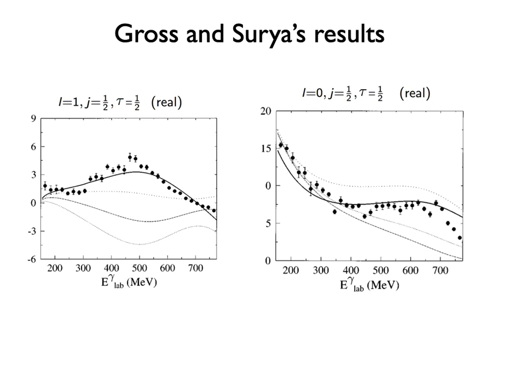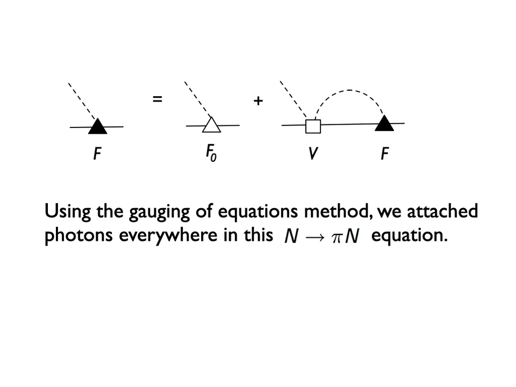That is, by ensuring that the photons attach to the other particles in all possible ways, which is of course how we derived T1. More specifically, we derived T1 by attaching photons everywhere to this N to pi N integral equation.